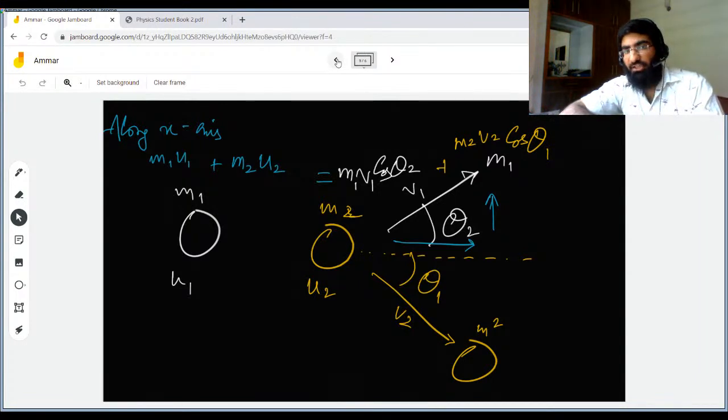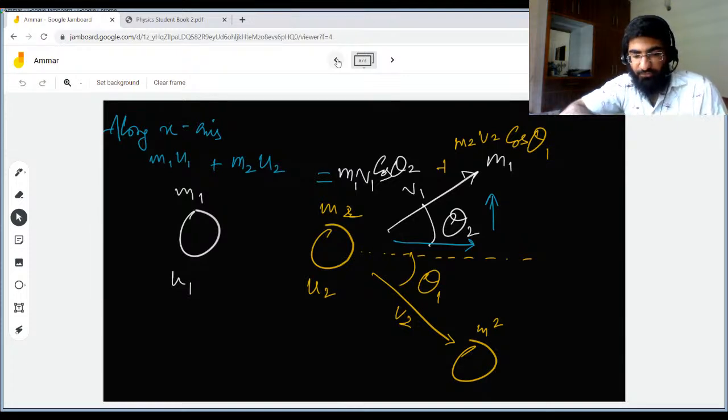In this particular case, the bodies had u1 and u2 along the x-axis only, so we didn't have to get into the hassle of breaking them down into vertical and horizontal components. Had u1 and u2 been at an angle with respect to the x-axis, we would have taken their x components, which we would have got by m1 u1 cos theta and m2 u2 cos theta, like this.